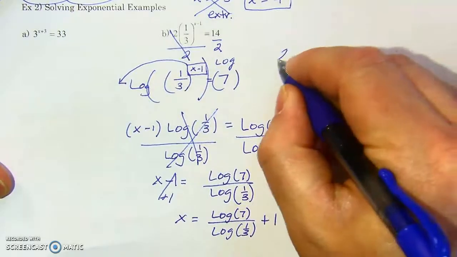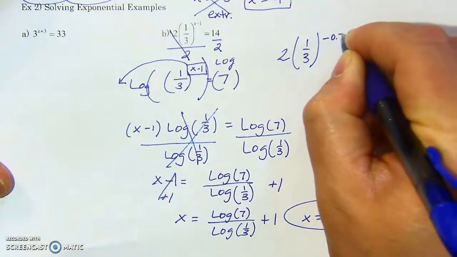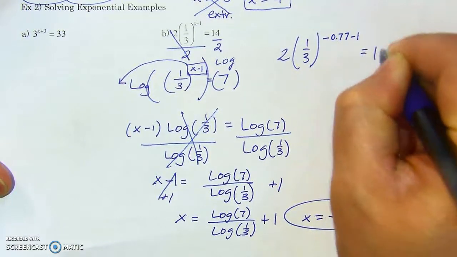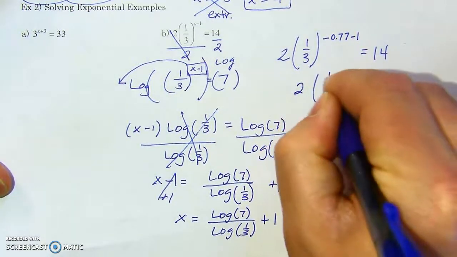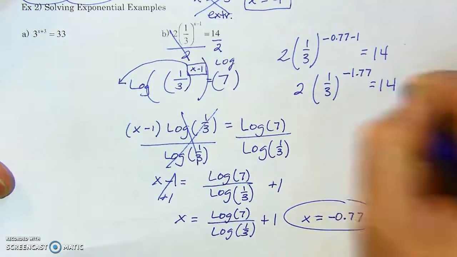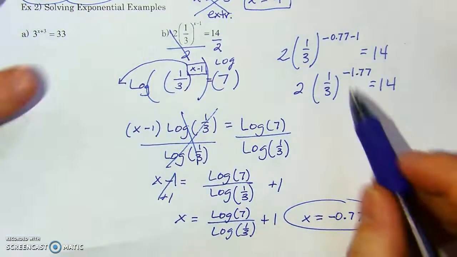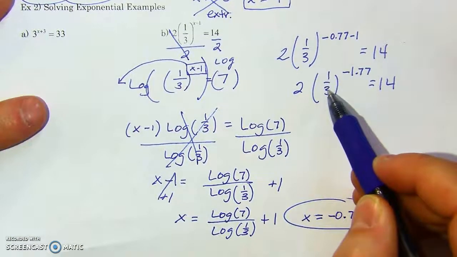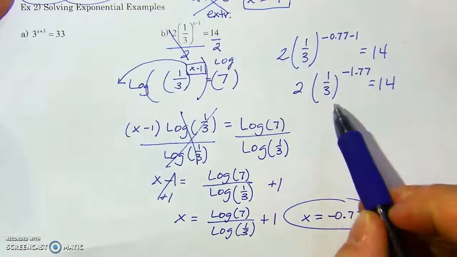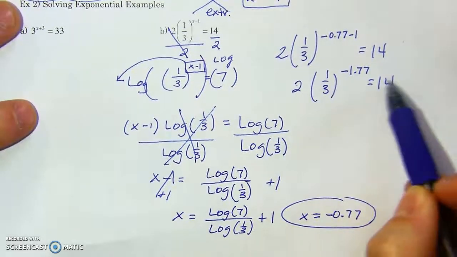Let's think if this answer makes sense. Let's plug it back in. Negative 0.77 minus 1 equals negative 1.77. So 2 times 1/3 to the negative 1.77 power. Should that equal something around 14? Let's see if this makes sense. Well, if we took 1/3 to the negative first power, it would be 3, right? It would just flip the fraction. 2 times 3 is 6, less than 14.